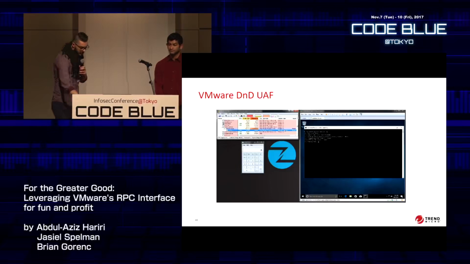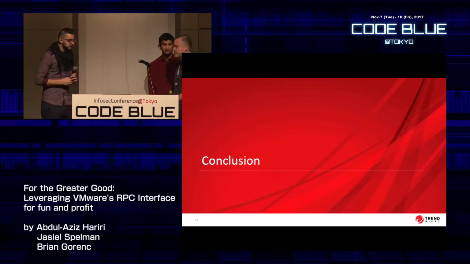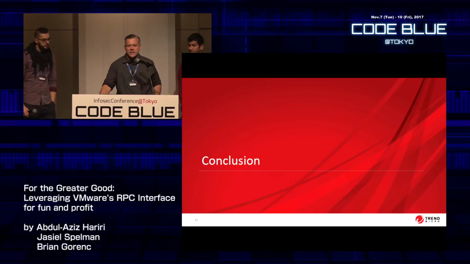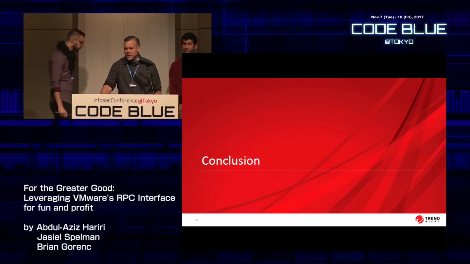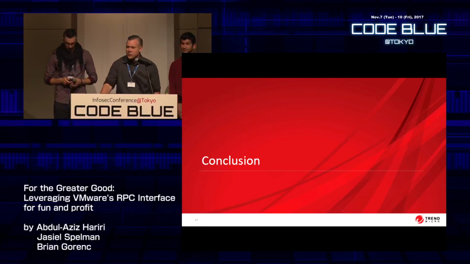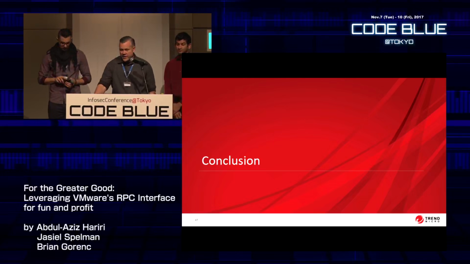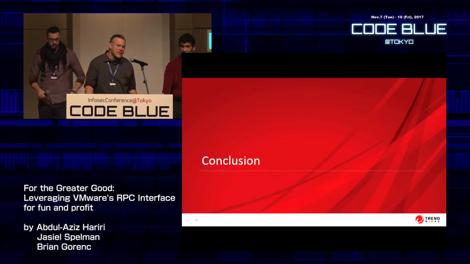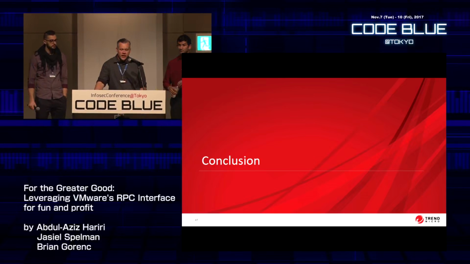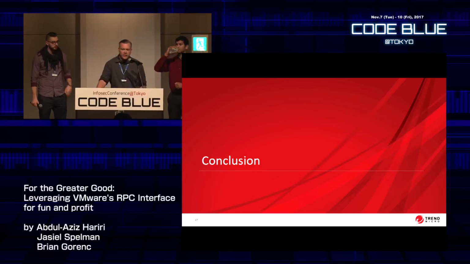All right, so what we've covered in this talk is the architecture of VMware. There is a significant attack surface there that really hasn't been explored. I would say there would be one or two good talks every year about what's going on in VMware, but there wasn't a lot of public research happening in VMware or in those hypervisors.